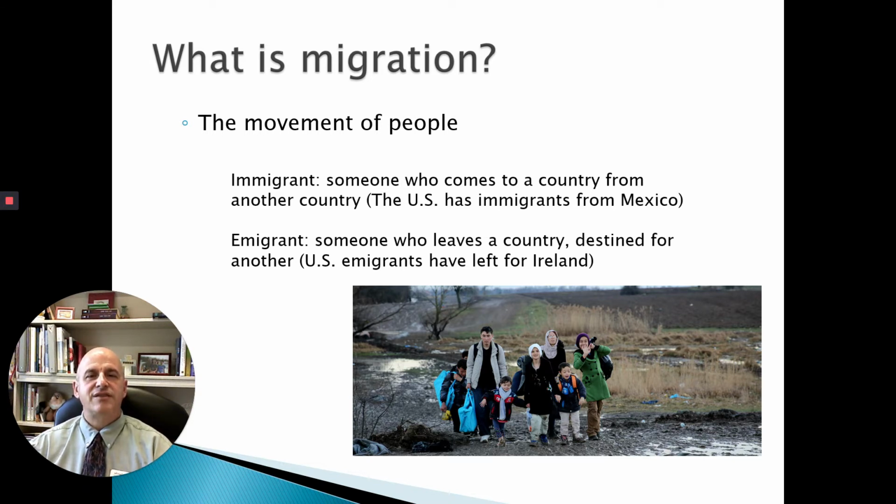An emigrant is someone who leaves a country that's destined for someplace else. So for example, in Japan, they have emigrants to the United States. The United States has emigrants that leave the U.S. and go to Ireland. So it's really just a matter of perspective as to whether we consider you an immigrant or an emigrant. It really has to do with, are you the receiving country or are you the host country?